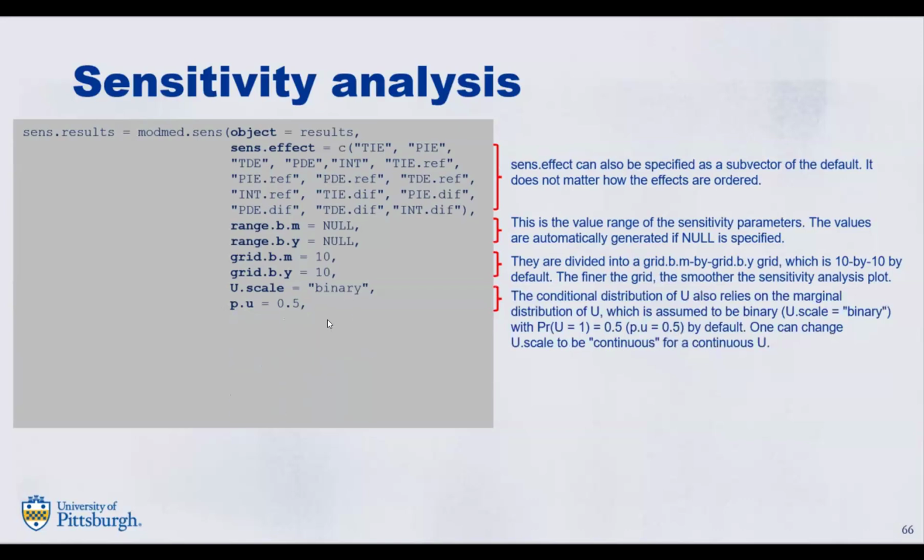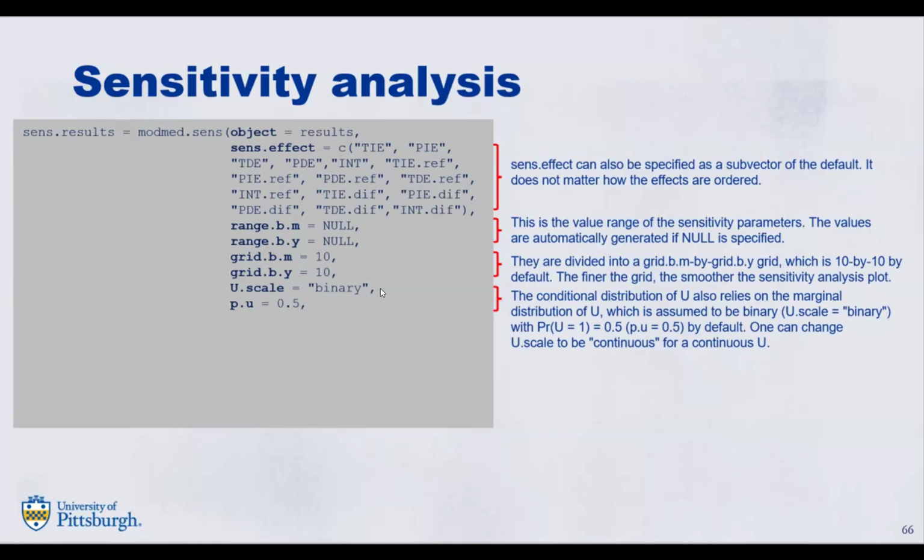If it is binary, you tell the program what the marginal probability of the unmeasured confounder is. You can change it and see how the results would vary. And these can be specified based on your theoretical reasoning. So theoretically, if a very important unmeasured confounder is binary, you just specify it to be binary.